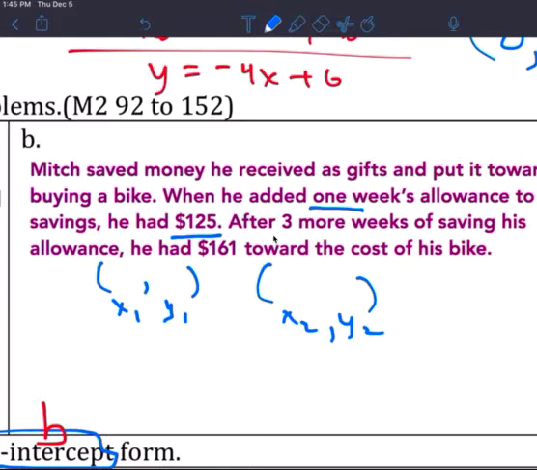Remember, dollar sign is always y. After 3 more weeks of adding to his savings, he had $161.